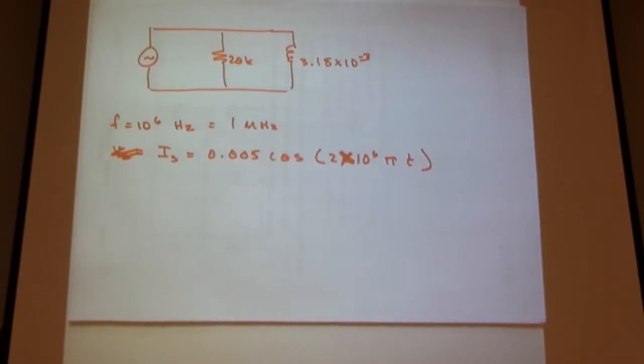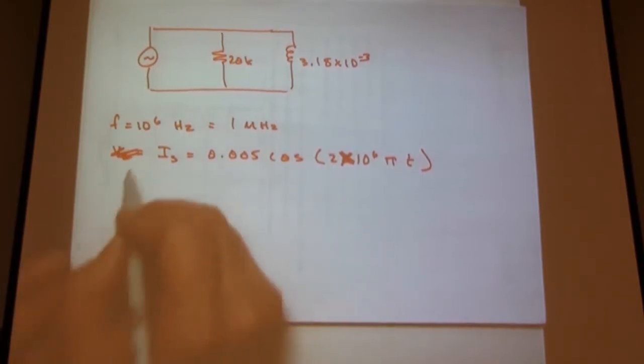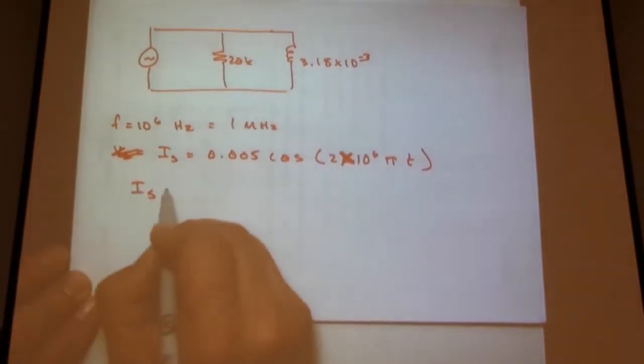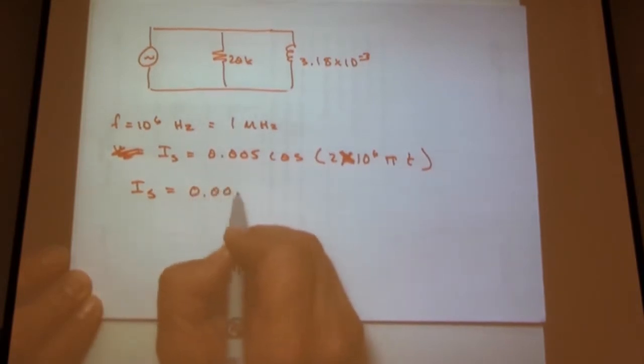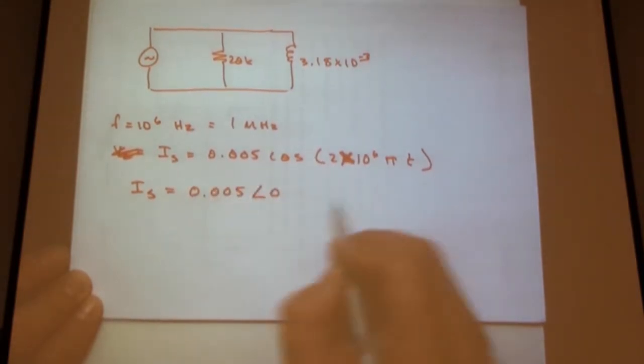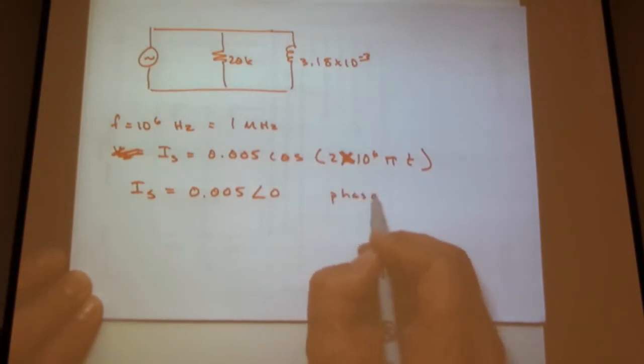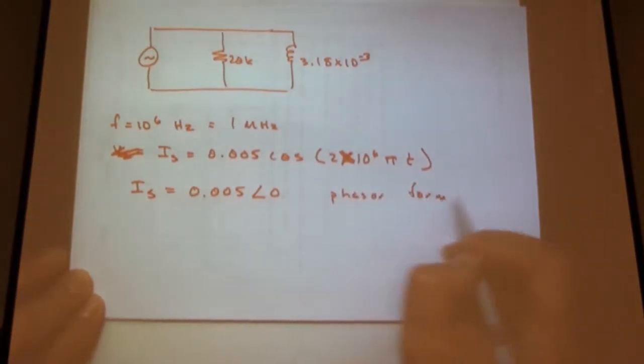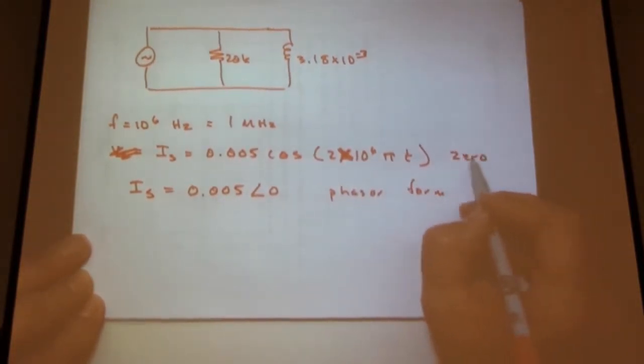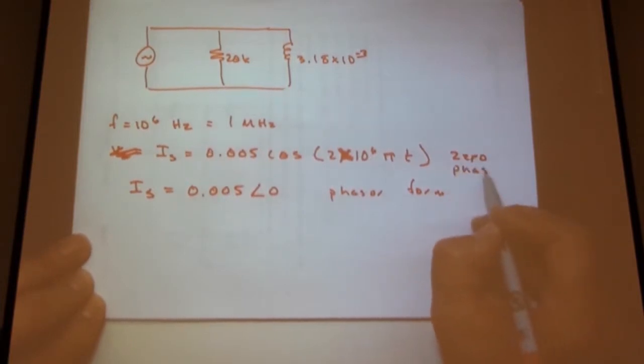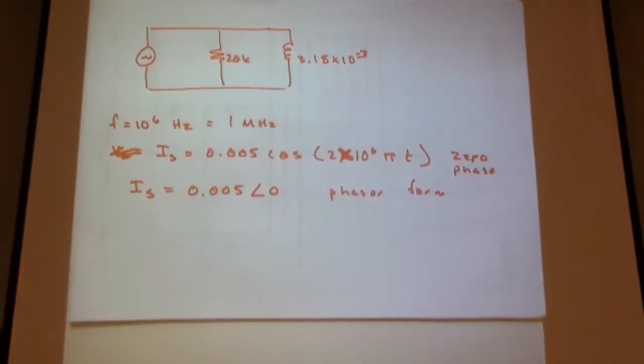So we have a current source, we have an RL circuit, and we can do all our very similar things. We can find IS in phasor form, 0.05 angle 0. We can walk back and forth. This was 0 phase. Again, it's our reference, it's our source. We don't have to worry about source phase until we have multiple sources, so we can always use our source as 0 phase.